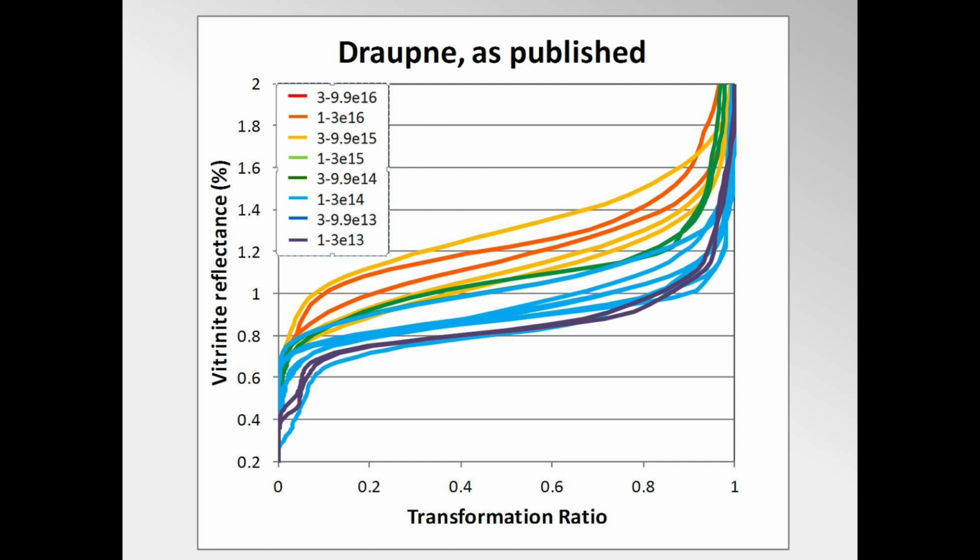Remember, all of these calculations were carried out at a geologic heating rate of 3 degrees Celsius per million years. Please also notice in this plot that the vitrinite reflectance value at any of our thresholds, beginning, peak, end, for oil generation, can vary by 0.4 to 0.5% Ro, depending upon whether the A factor chosen in the multi-run kinetic data analysis was high or low.